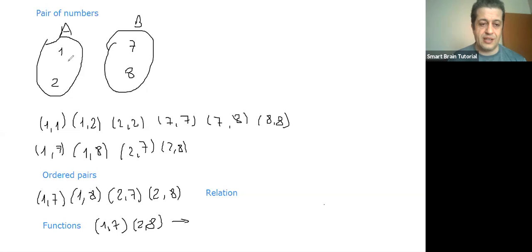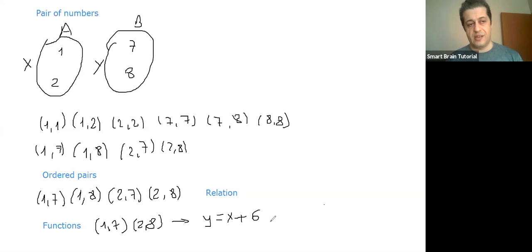So if the set A, the first set, is usually denoted by X, and the second set is usually denoted by Y, we can write such a formula: Y equals X plus 6, isn't it?